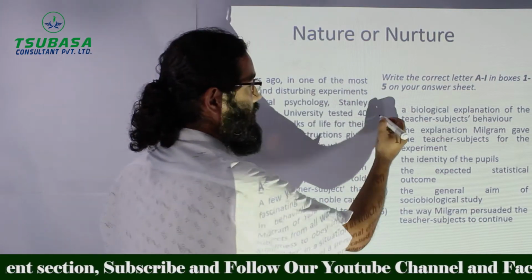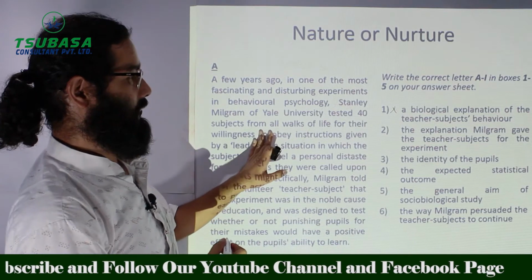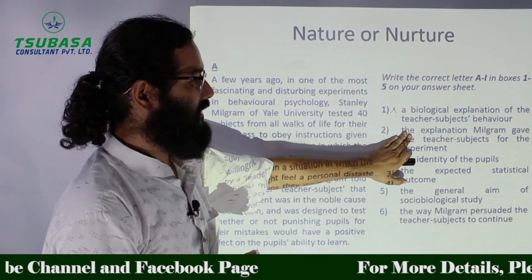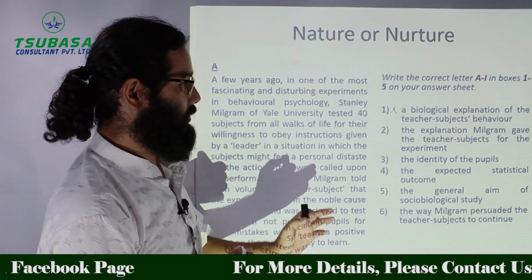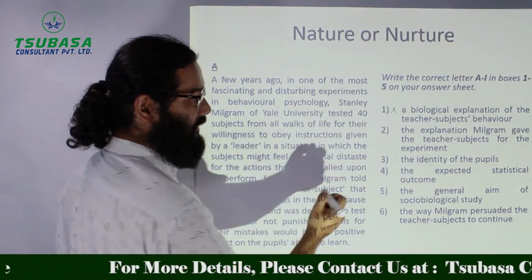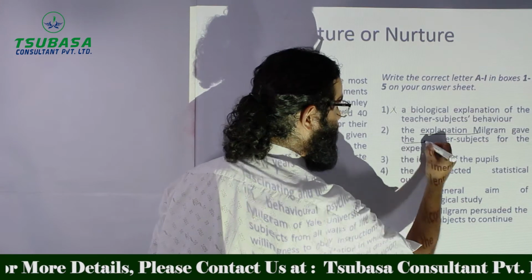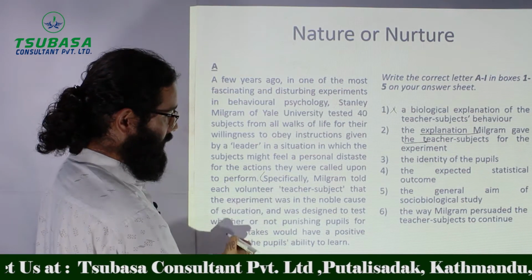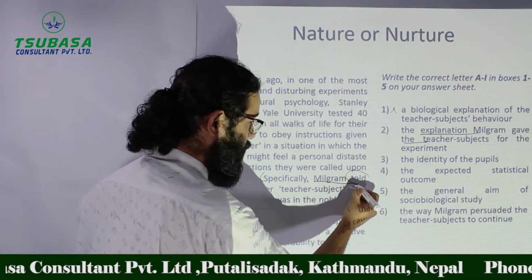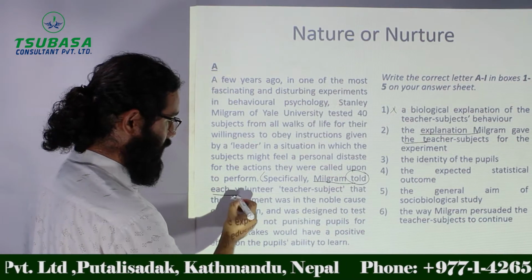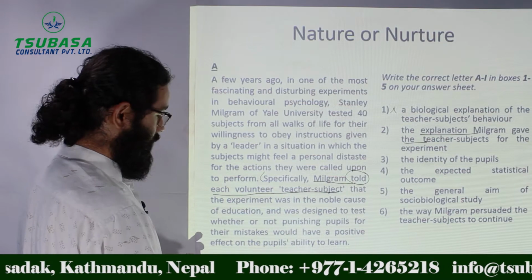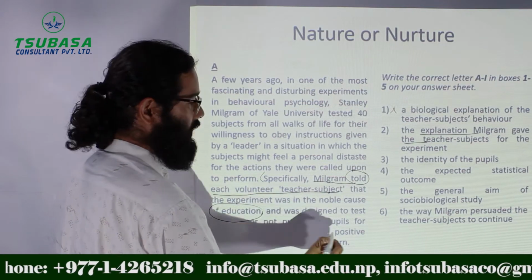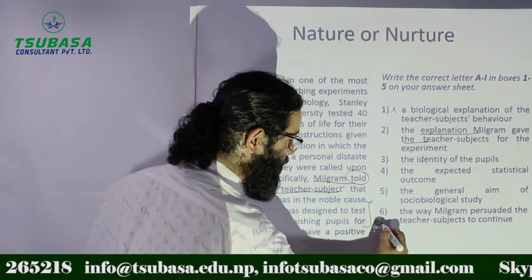So this cannot be an answer to this paragraph. Now number 2 says the explanation Milgram gave the teacher subjects for the experiment. Now if you come to X2 version of this paragraph, it says specifically Milgram told each volunteer teacher subject that the experiment was in the noble cause of education. So this is the explanation.